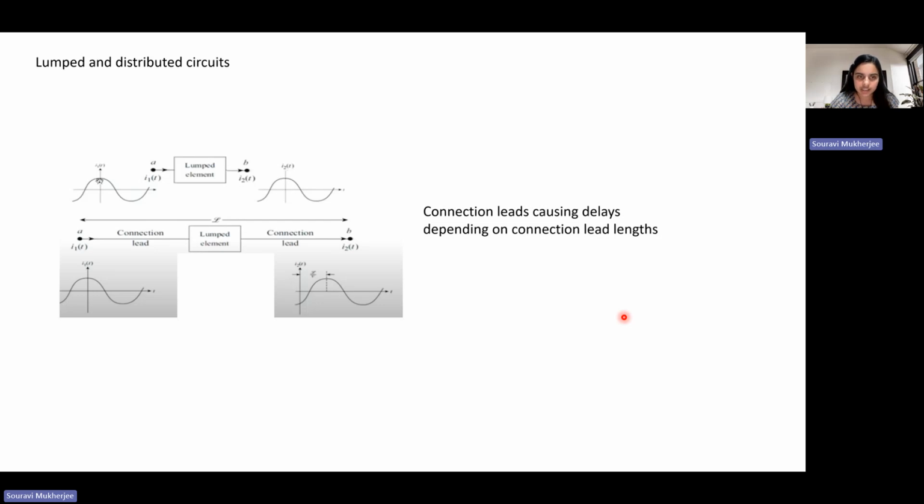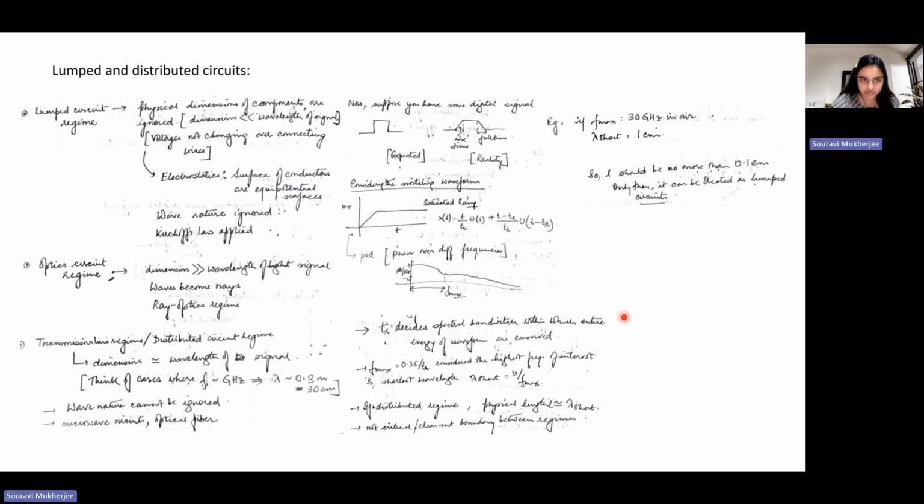But then under certain conditions, okay, we see that there is an effect of the connecting leads on the potential or the voltages or the signal that we are talking about. So when the connecting leads do not affect your signal, then it is a lumped circuit regime, while when it starts affecting, it is called a distributed circuit regime.